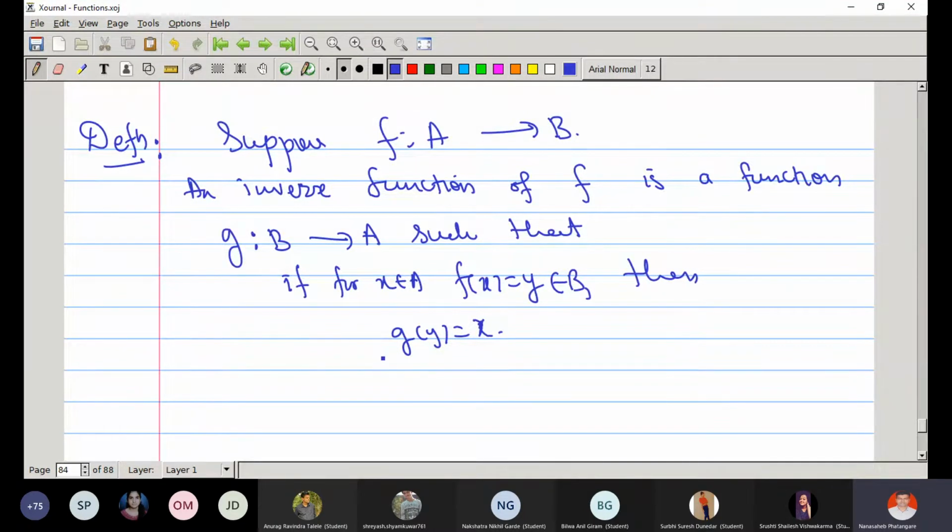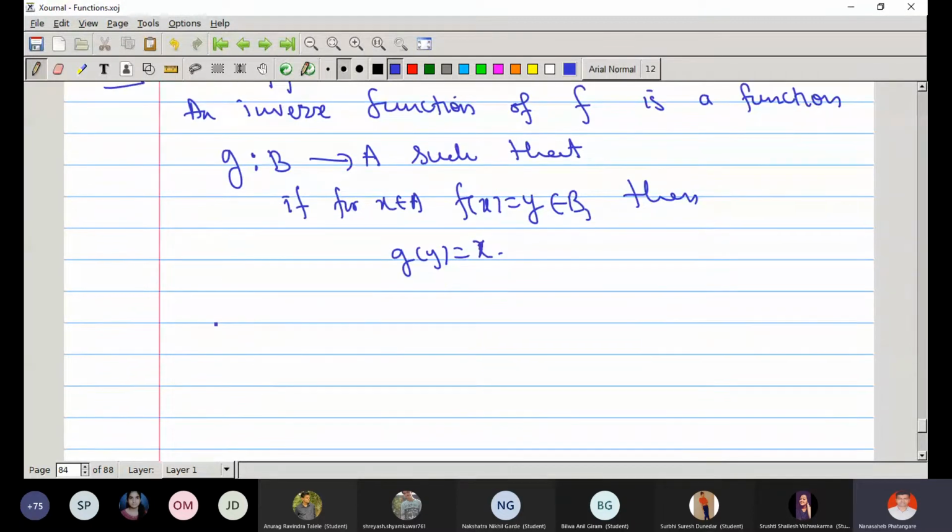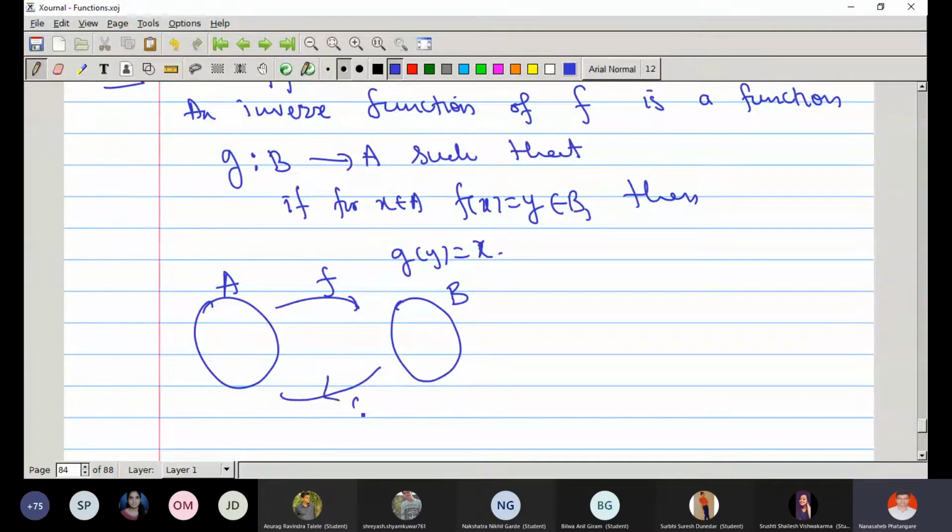Is the definition clear? What is the inverse function of f? So this is set A, this is set B, and this is f. Now the inverse function is from B to A. So if I choose an element x here, then its image is here in B, y, which is the image of x. Now if you apply g on y, then I should get x, equal to g of y.